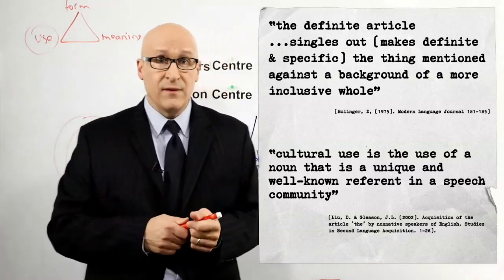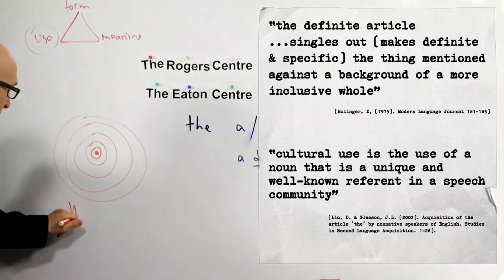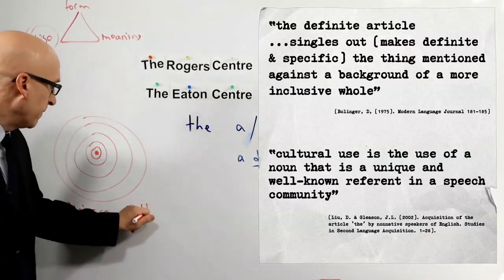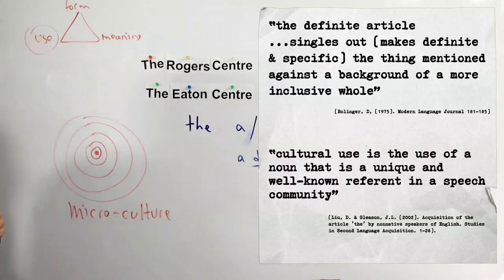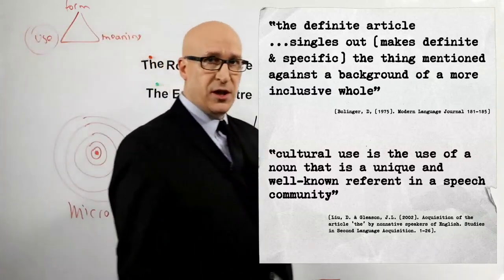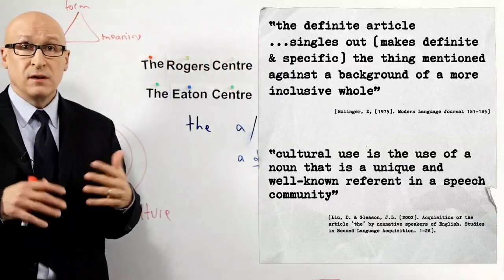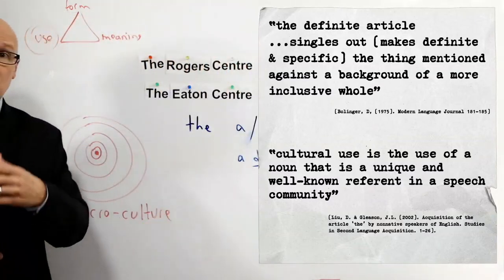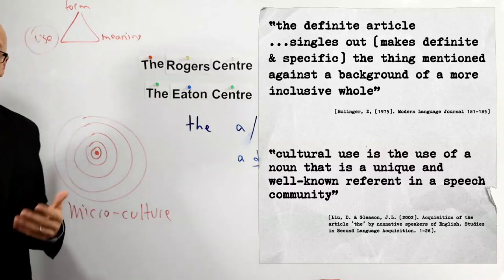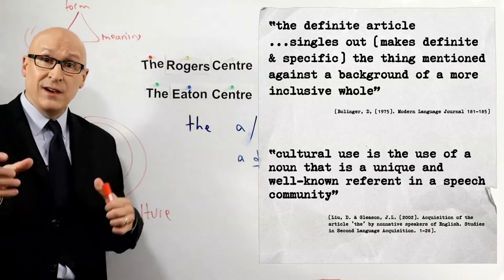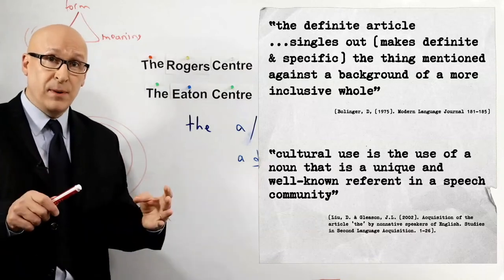Or another way to think of that is a microculture. Microculture, a small culture, not the culture of your country, like Japanese culture or Colombian culture or Canadian culture. A microculture can be as small as your family or your company.